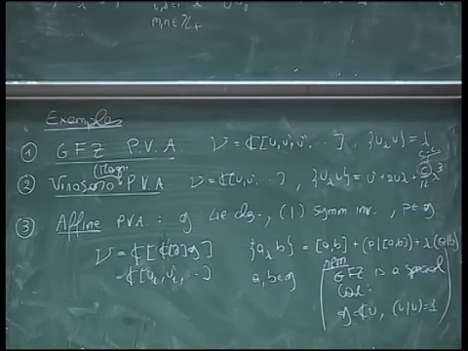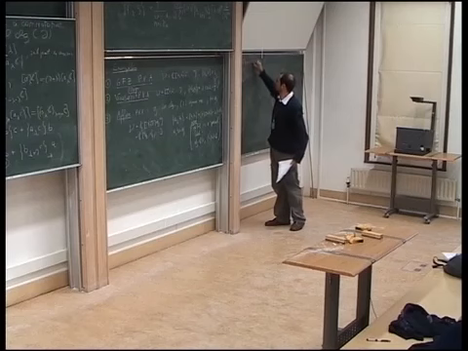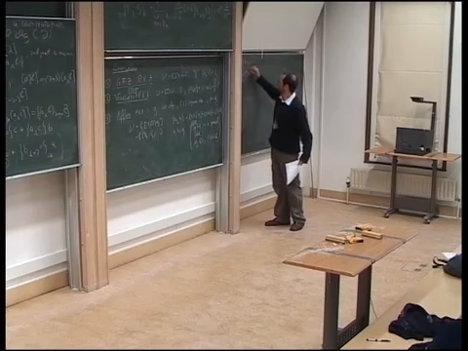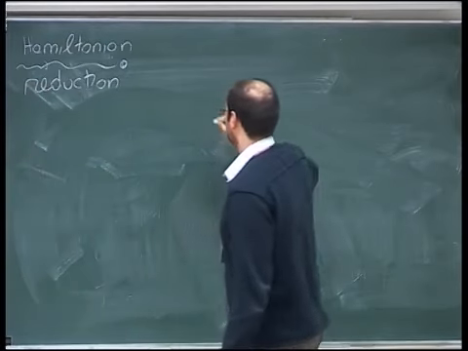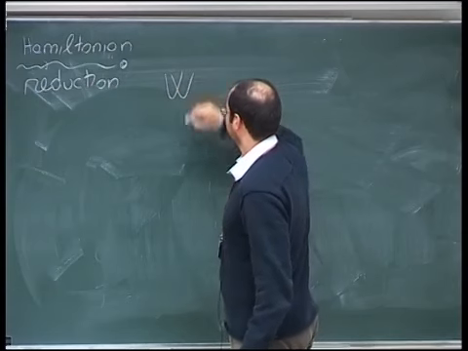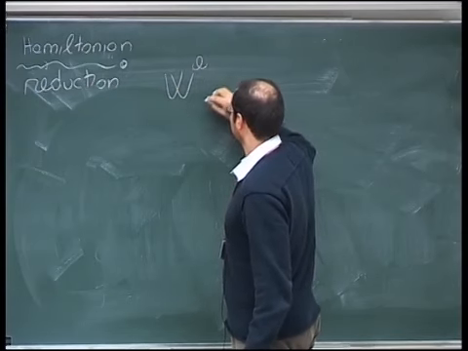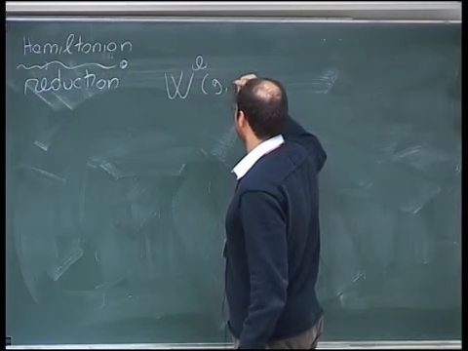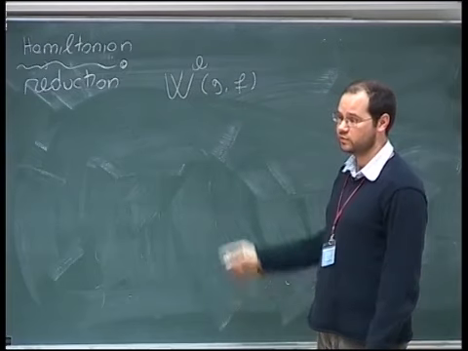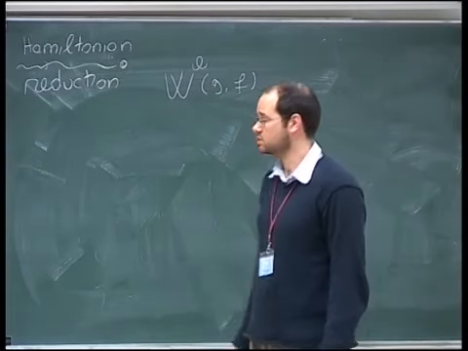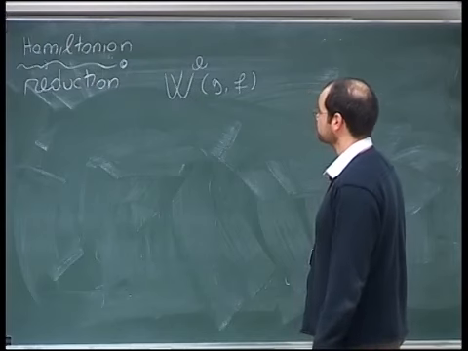examples. For example, one can take what is called Hamiltonian reduction of the affine Poisson vertex algebra, and we obtain what is called the classical W-algebra associated to the Lie algebra G and to a nilpotent element F. Here we can assume that G is a simple Lie algebra, for example.